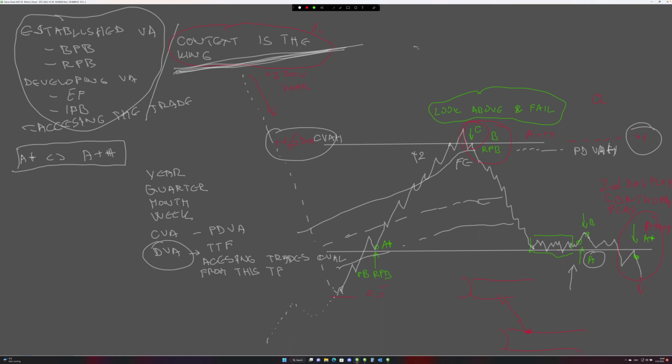So if you have, let's say, dissonance that is close, let's say in 15 points, you can expect something like this, some chop in this dissonance, and you need to wait for the market to open to resolve this dissonance on the upside or on the downside. It doesn't matter.